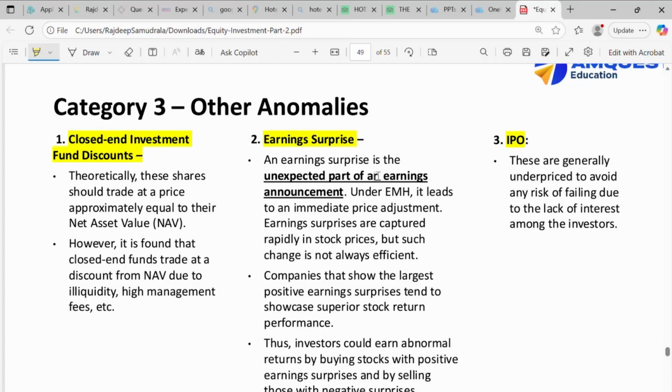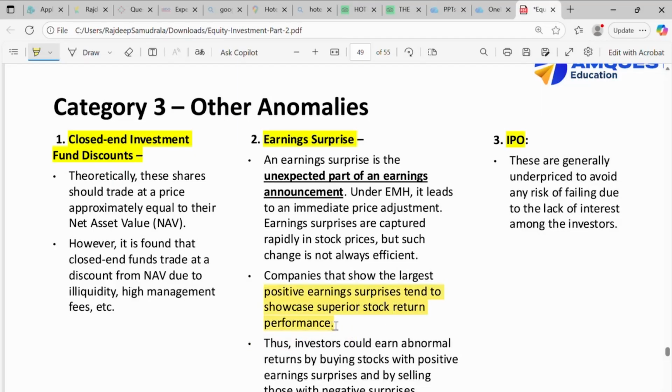Earnings surprise is where they've announced the earnings, but there's a surprise announcement. Very often, Reliance and other companies use a strategy. They try to announce earnings and give a big surprise. They'll say, today we're announcing this, we are building up this. So people are more than happy and excited, and the share price will reflect that surprise. That's more critical. Clear? Companies that show the largest positive earnings surprise tend to showcase superior returns.